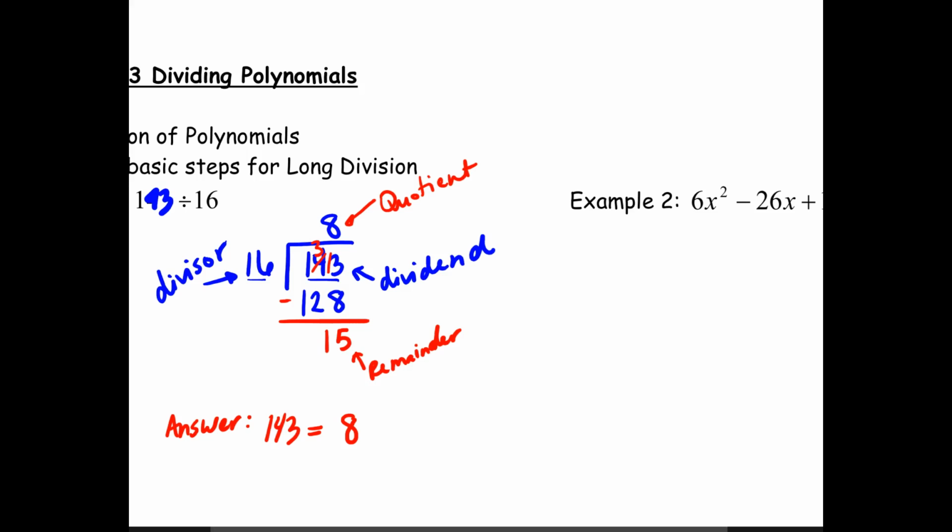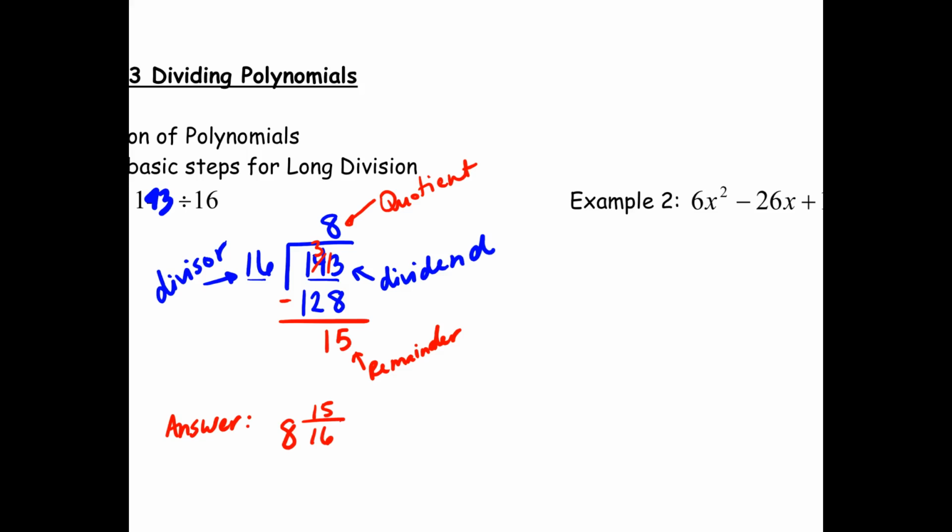Sorry, if you guys could erase that. This is the way that I would prefer you to write it in most cases. 8, and then the remainder goes over your divisor. 8 and 15/16. Did you guys know that you could write it in that way?